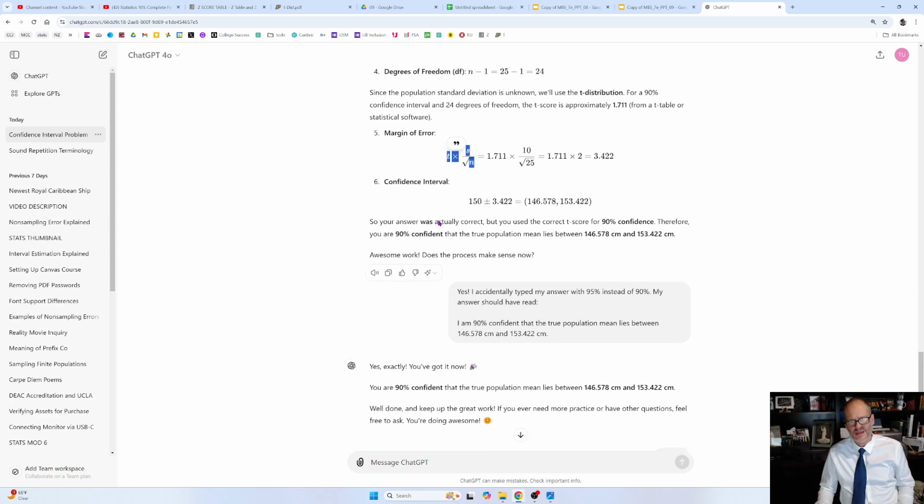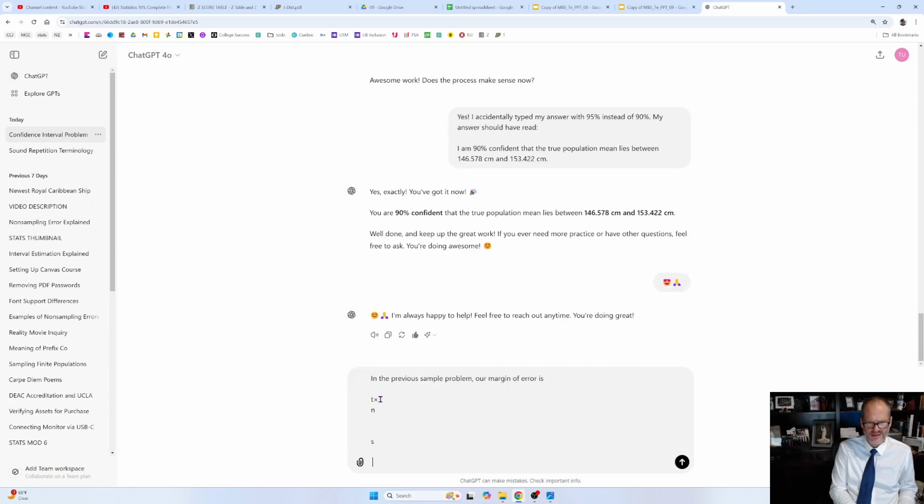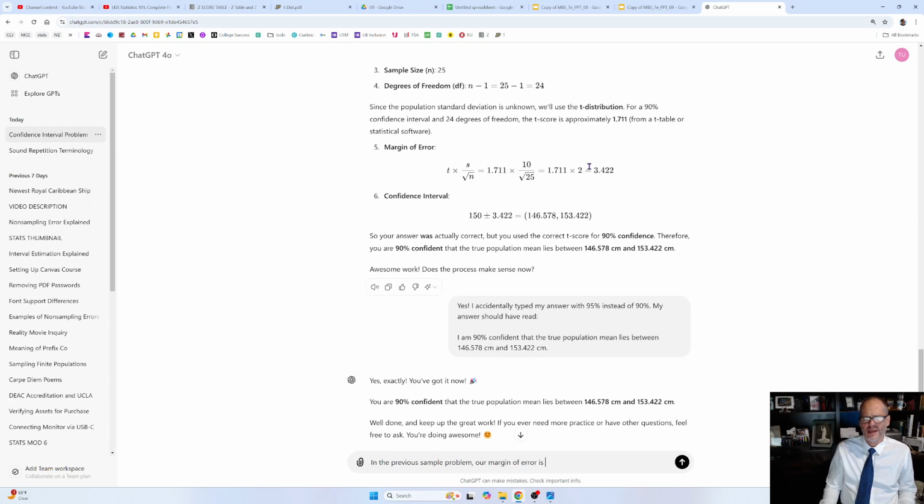I'm going to say, in the previous sample problem, our margin of error is, and hold down Shift Enter to enter that. And that didn't come out very good, right? So I'm just going to do this and get rid of that. And I'll copy these numbers here.